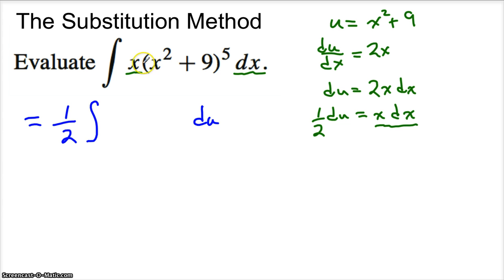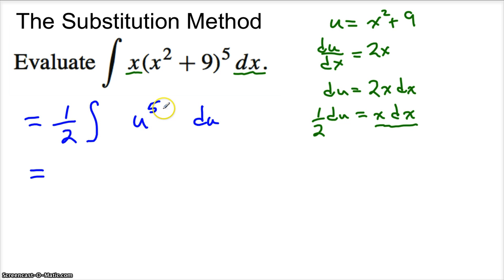And now I'm left with this bracket x squared plus 9 to the exponent 5. Well, u equals x squared plus 9, so I'm going to replace this x squared plus 9 with u. And I still have that exponent of 5 here I have to write. So here we go. We have a new antiderivative, which is quite easily computed.